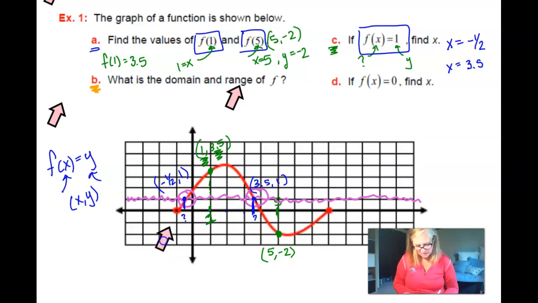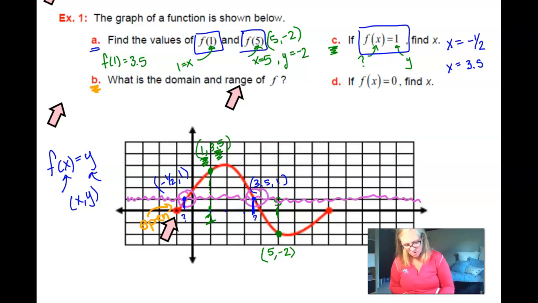Now, a couple things you have to notice right here. It's a little bit hard to see, but there is that little black dot right there. That is an open circle. And so if you don't have that in your graph, could you fill that in? This guy right here is open. That will affect our domain.